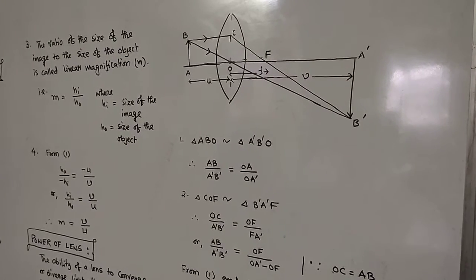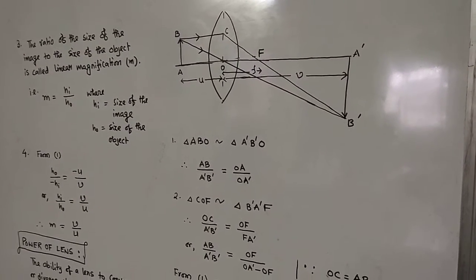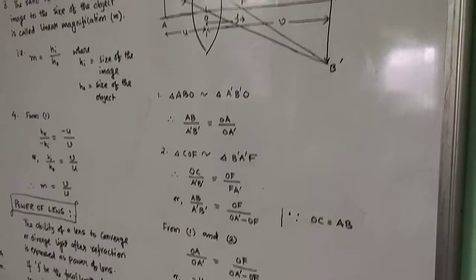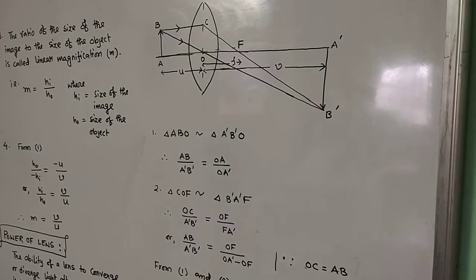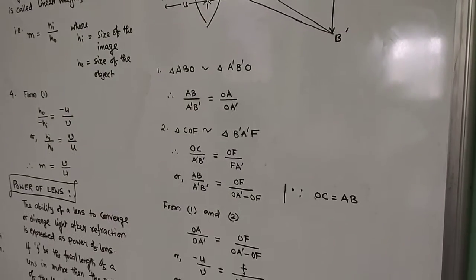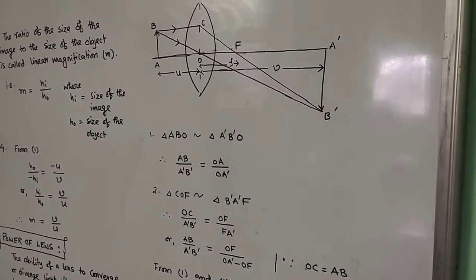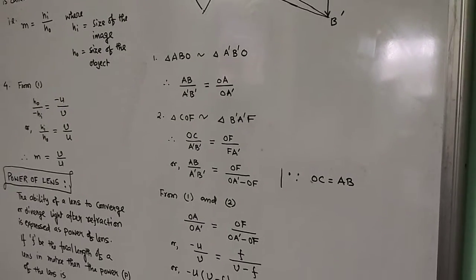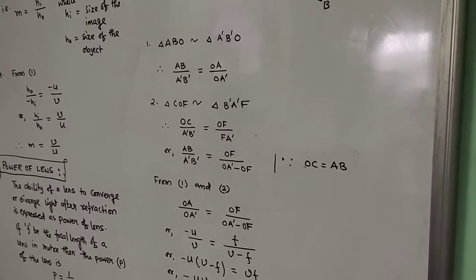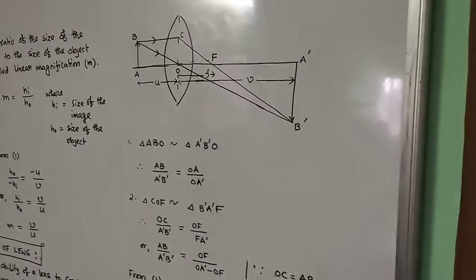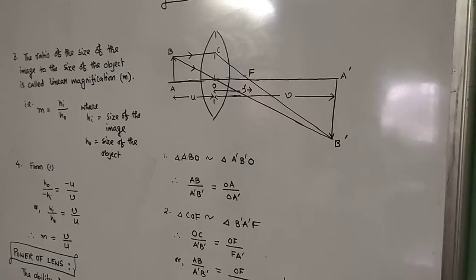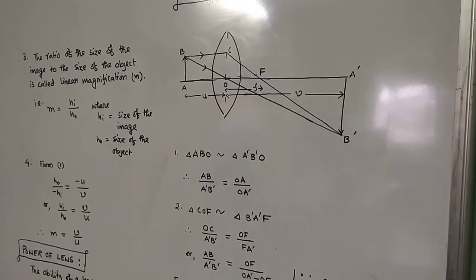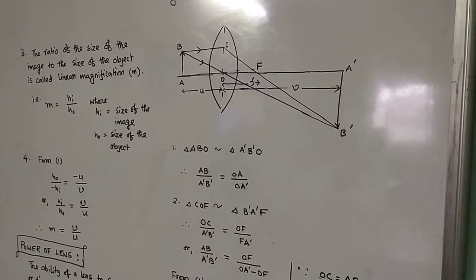Always in a lens we measure the distance from the optical center O. OF is the focal length f, so FA' is v minus f. So the convention is: if you move from the optical center along the direction of the incident ray, it is positive, otherwise it is negative.